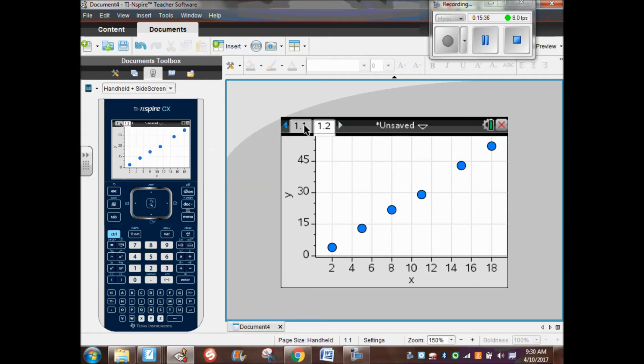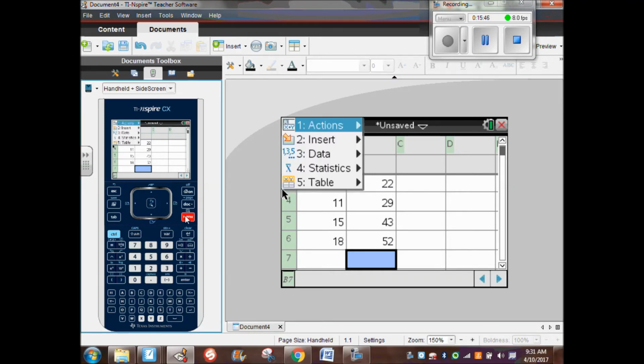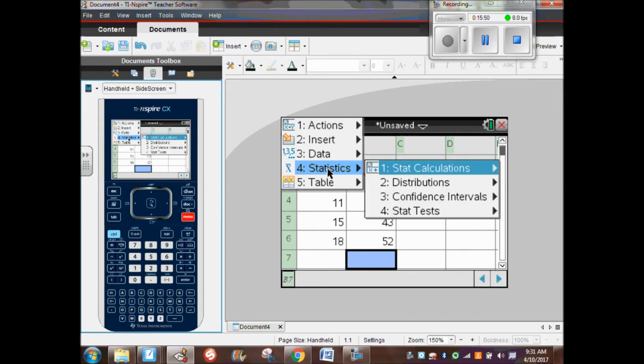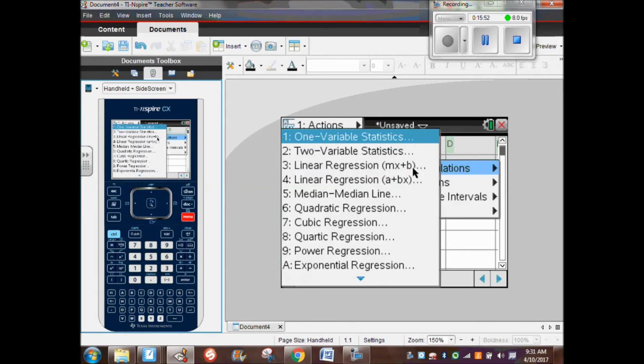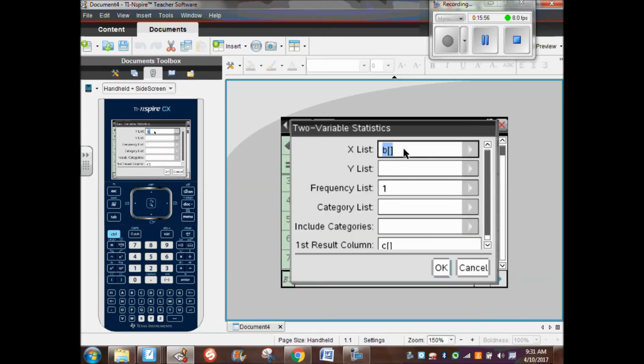So go back to your 1.1 page, meaning your data and statistics page, or your list and spreadsheets, I should say. So now we're going to go to Menu, Statistics, Stat Calculations, 2 variable statistics, because that's what we have.